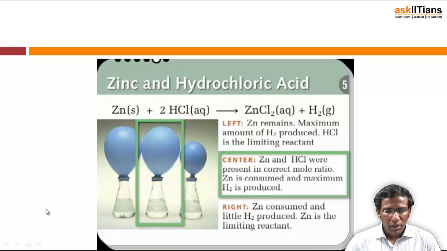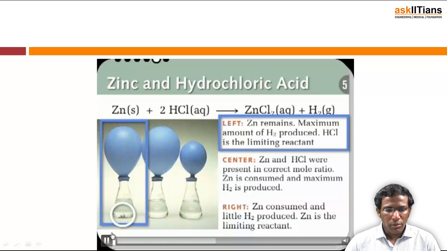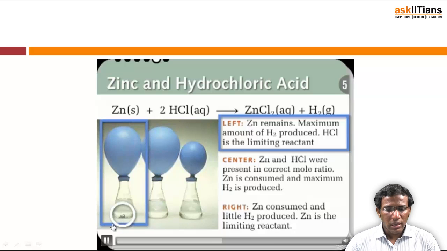And if you observe the leftmost part, some amount of the zinc is still left out. You can see zinc remains here, and the hydrogen gas which is liberated is maximum.